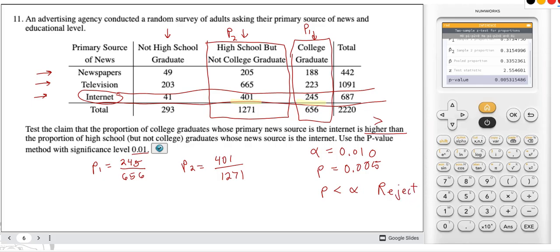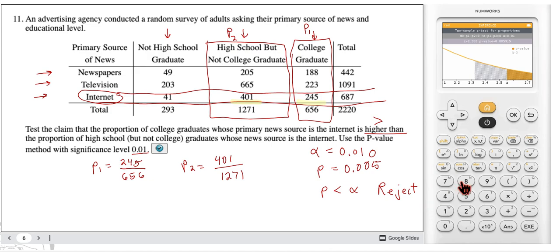Okay. We can also go to the next screen, which will give us our picture. And we are doing a right tail test, the higher than. And as we zoom in on this, we see that our p-value does put us completely in the rejection region.